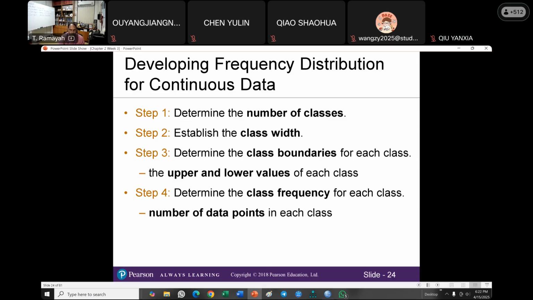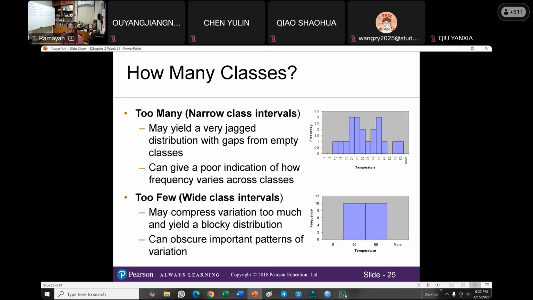That's a formula. Step 2 is to establish the class width. How big is the class width? Step 3 is to determine the class boundaries, the lower value and the upper value of each class. And then we determine the class frequency for each class, the number of data in that class. Those are the 5 steps involved.